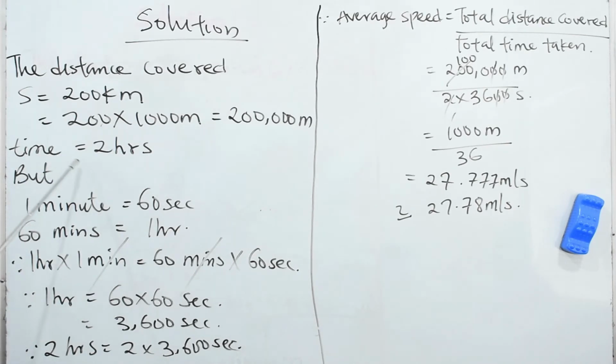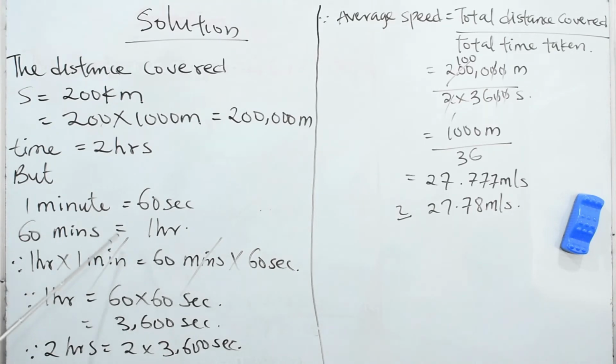Now, the time taken is 2 hours. But the SI unit of time is not in hours, it is in seconds. So I want to convert 2 hours to seconds. But 1 minute is equal to 60 seconds. And 60 minutes make 1 hour.